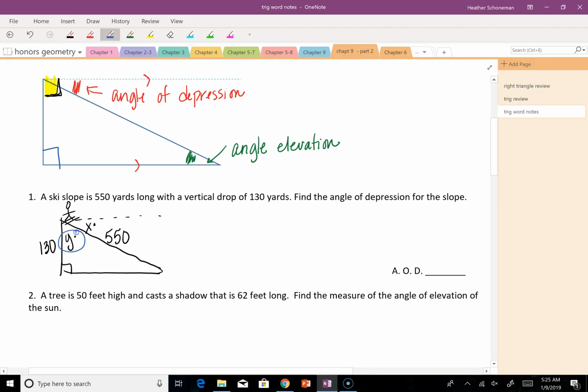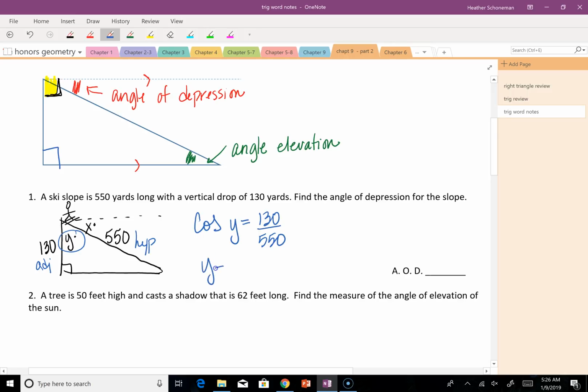Okay, so looking at y, 130 is adjacent and 550 is hypotenuse. So that is our cosine. So we're going to say the cosine of our angle, which is y, equals adjacent 130 over hypotenuse 550. Now, besides doing the trig word problems, I want you in this section to also get better about putting everything in your calculator and not having to write everything down.